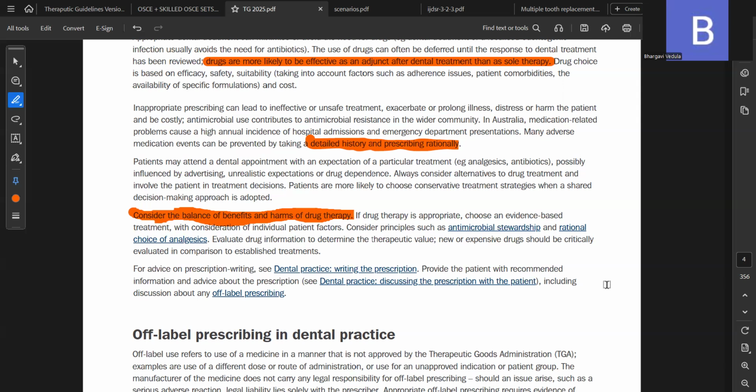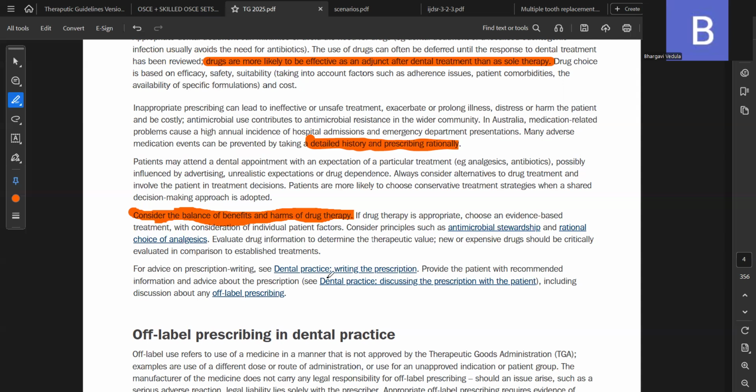We have to evaluate what is the chemical composition of this, what is the chemical composition of that, how effective is this, and how is the cost, whether any advantage is there when the patient buys it at a higher cost. Is there really a visible advantage for the patient? So we have to take all these factors into consideration. Just because some representative came and gave us the samples and asked us to prescribe the drugs, we can't prescribe. We have to really see whether it is really effective, whether the drug is worth it for the patient.